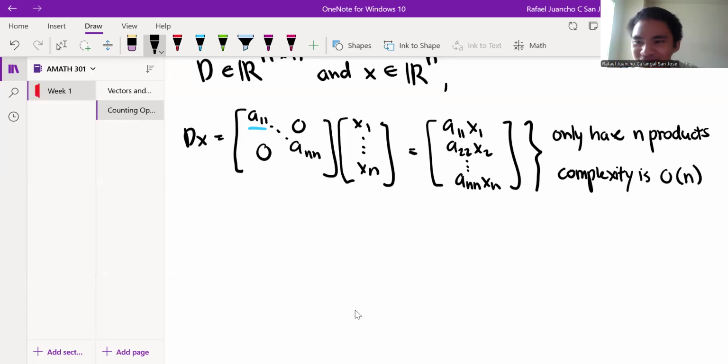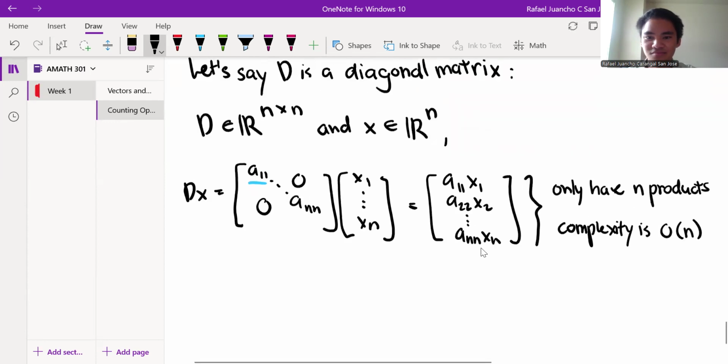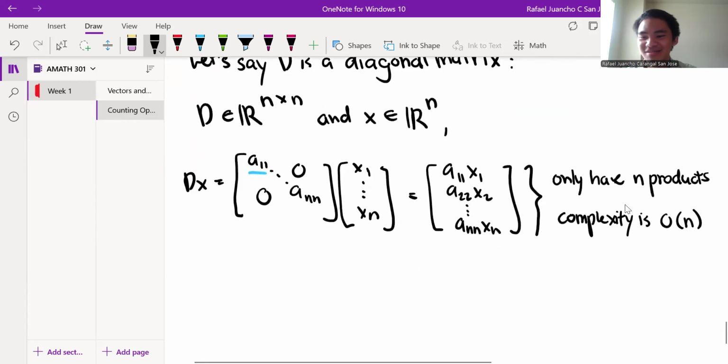We're adding with 0, but 0 is nothing, so it doesn't count. Technically we're multiplying n products, but we're not adding anything. So complexity here is O of n.